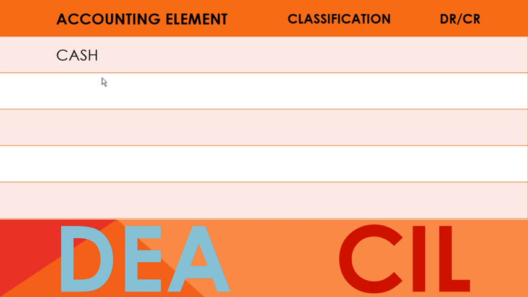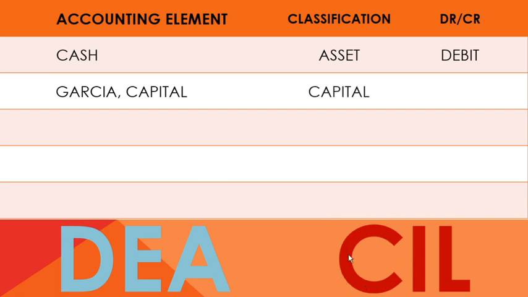Cash is considered as an asset. So, therefore, if it is an asset, its normal balance is debit. Next one, Garcia capital. So, capital is considered as a capital. Okay? So, therefore, once it increases, ang kanyang normal balance ay credit.